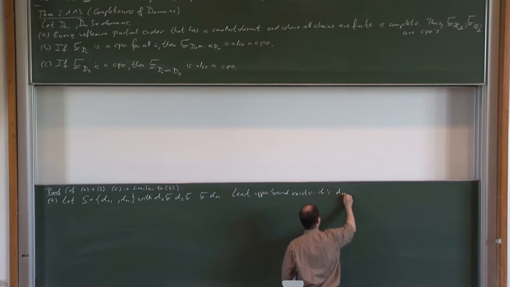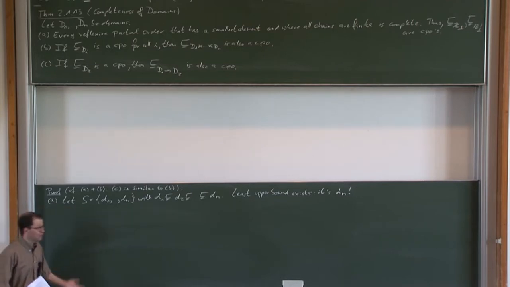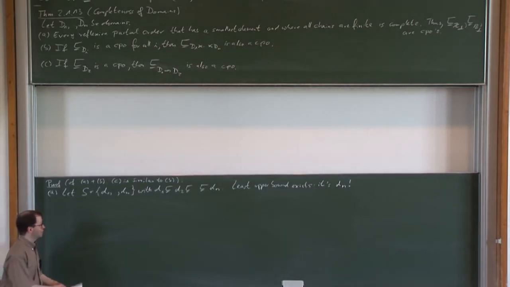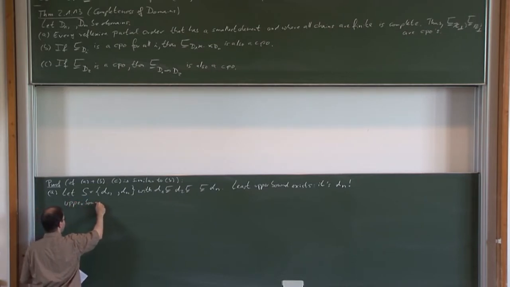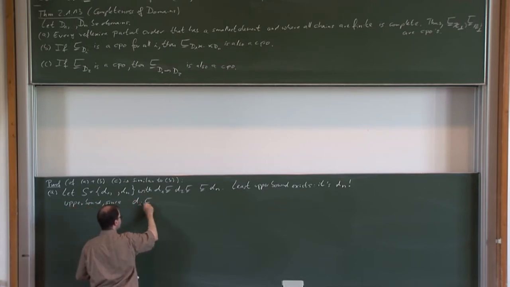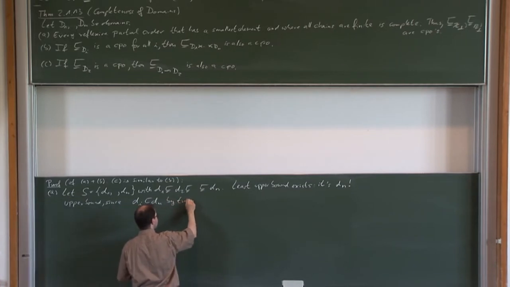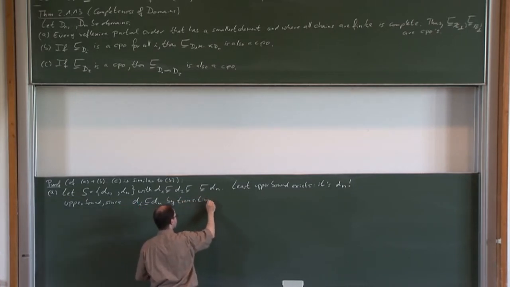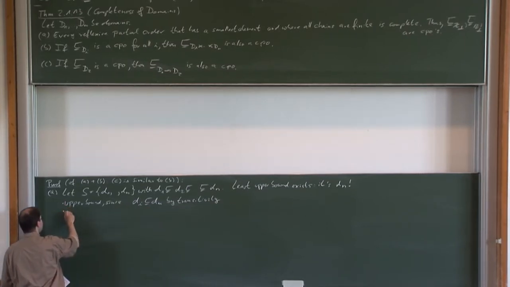It's Dn. And why is it? In order to prove that something is the least upper bound, we need two properties. It's an upper bound, since all these Di's are less or equal than Dn by transitivity. And why is it the least upper bound?